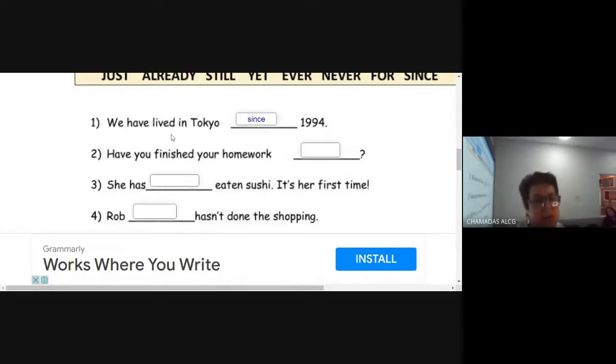Ah, okay. Not we have lived in Tokyo, but we lived, simple past. We lived in Tokyo from 1994 to, and then it's over, okay? Or we lived in Tokyo, period, for some time. Because the action is over, okay?